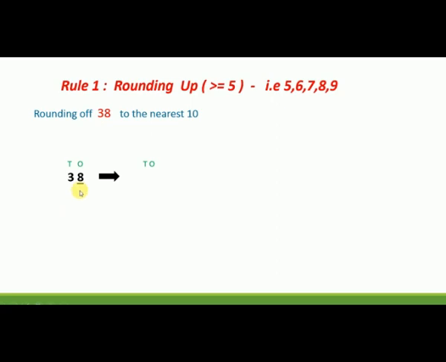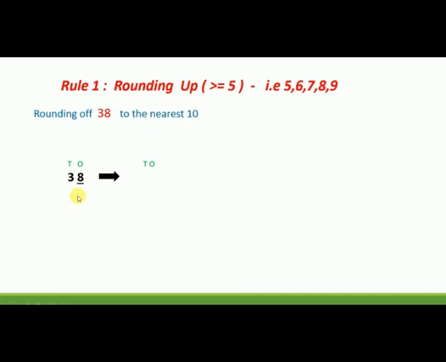As I already told you, when we are finding the nearest tens, we always have to look at the ones place. In the given number we have 8 in the ones place. So 8 is greater than 5. Then we need to round up.